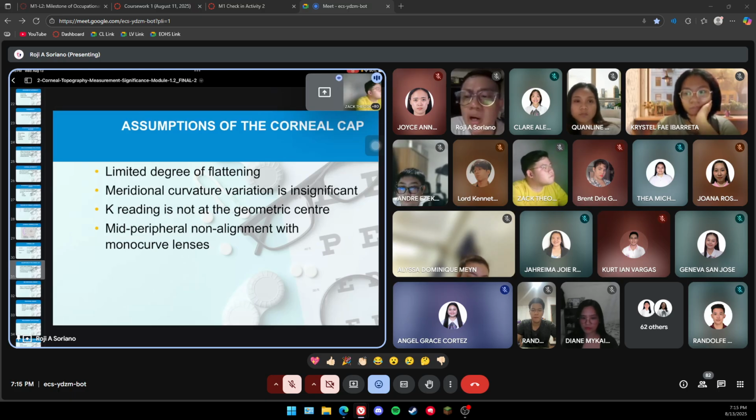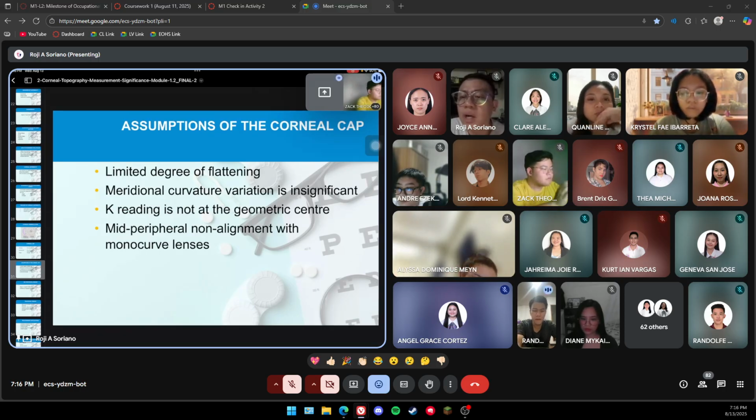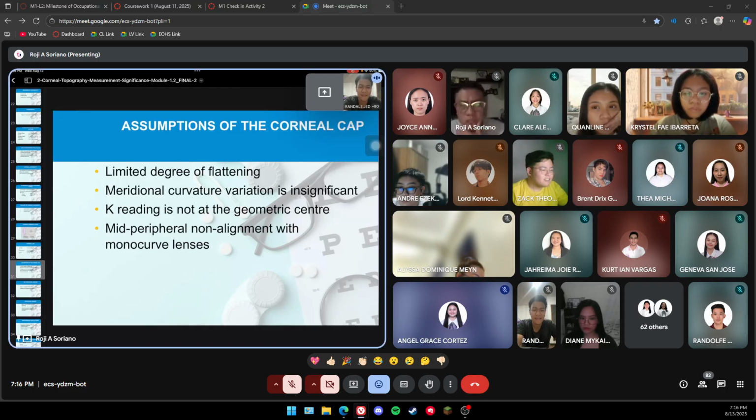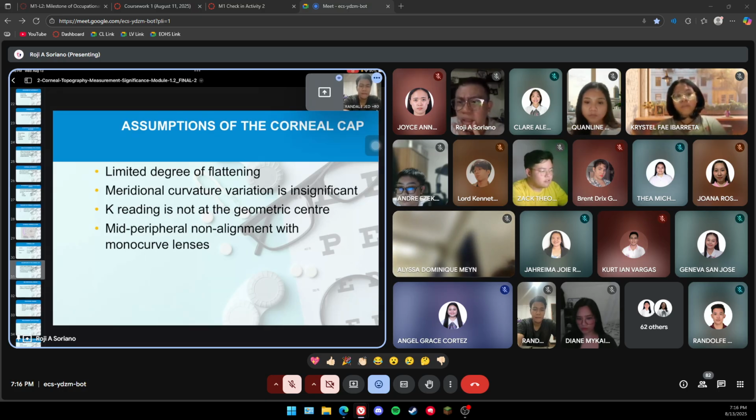Now, mid peripheral, not in alignment with the monocurve. Because in monocurve, from the word mono, there's only one curve. One curve only. But you already know that your cornea is not one curve, correct? Because it is aspheric. Another redundancy, right? It's already given.